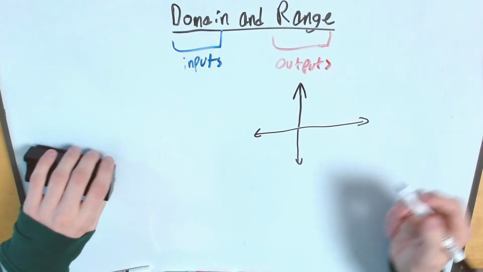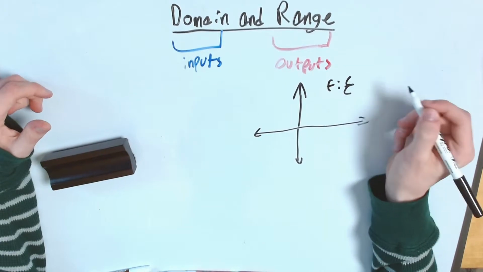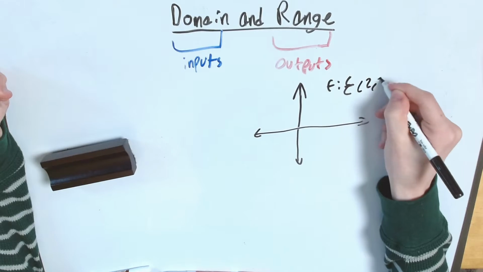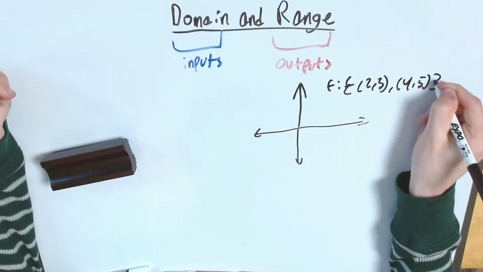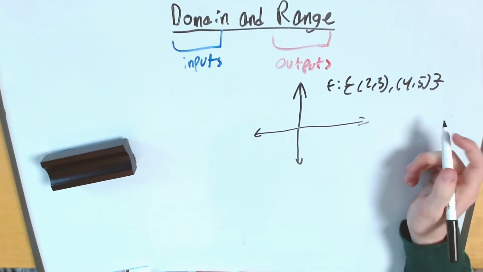If I gave you, let's say I have a function f, which is discrete, so it's the points (2, 3) and (4, 5). And I asked you to list the domain and range of this function, that's pretty easy.